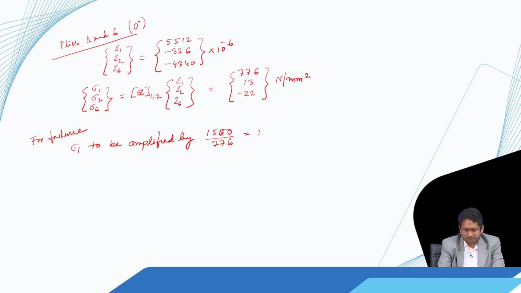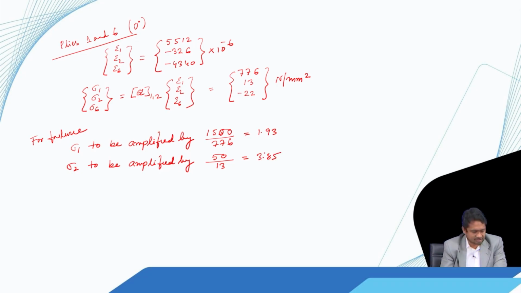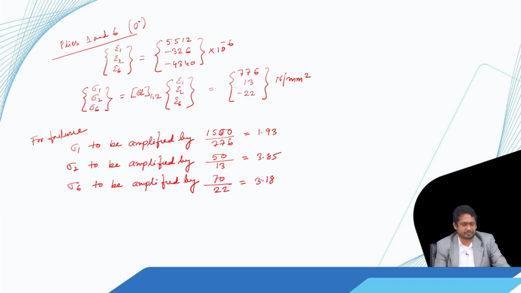So, this is 1.93, sigma 2 to be amplified by 50 by 13, and the factor is 3.85, and sigma 6 to be amplified by 70 by 22, and that factor is 3.18.